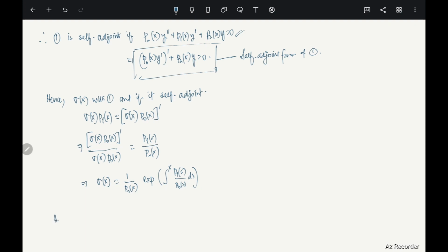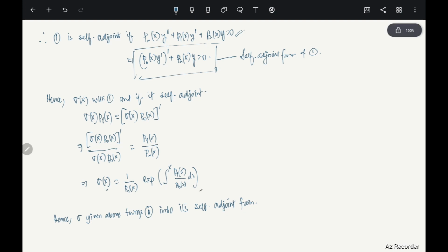So hence the sigma given above turns 1 into its self-adjoint form. I hope you understood what I am trying to say. If you are given 1 and you want to put it in a self-adjoint form, you multiply it by sigma.